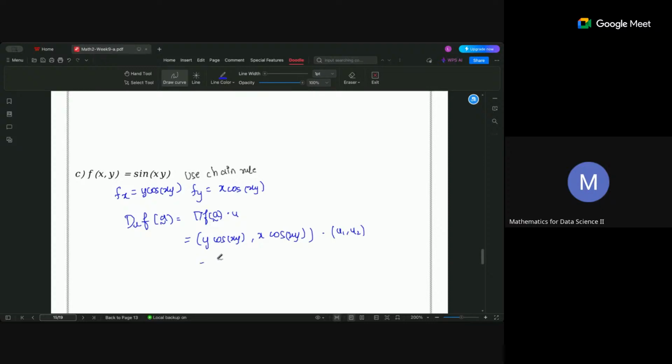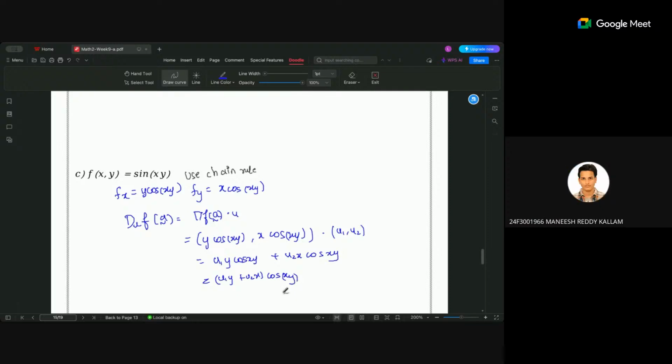So you have u1 y cos xy plus u2 x cos xy. So (u1 y plus u2 x) cos xy. Okay. So this is your formula.